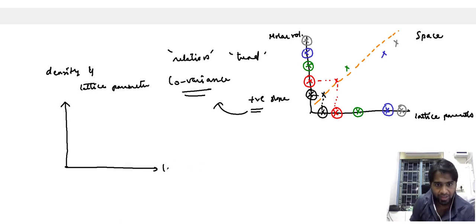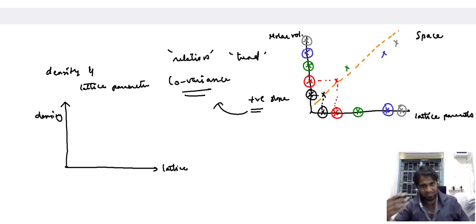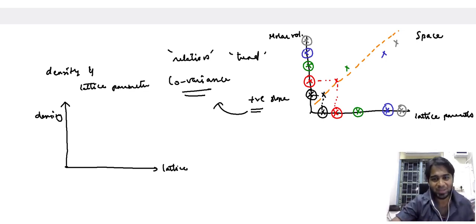So we have the lattice parameter as the horizontal scale and the density as the vertical scale. It is possible for us to observe a variance of this form, and a trend of this form here.